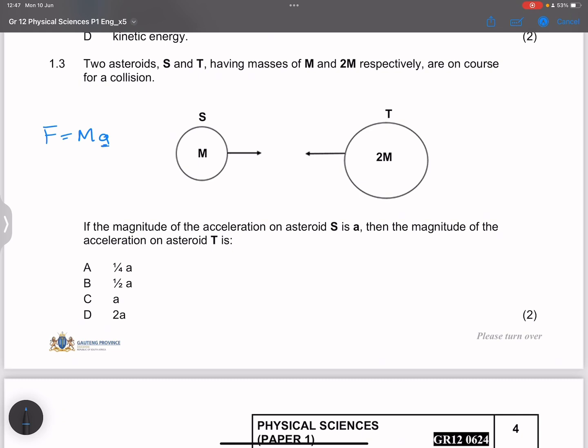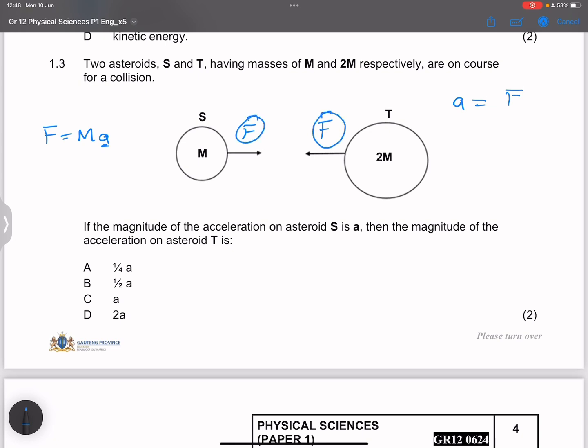Then they ask for the magnitude of the acceleration of asteroid T. Note, ladies and gents, that acceleration is inversely proportional to mass. Their net forces are the same; remember, they're equal and opposite, so they exert the same amount of force on each other.